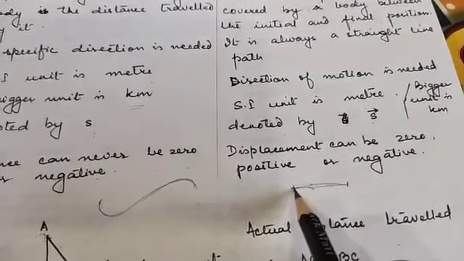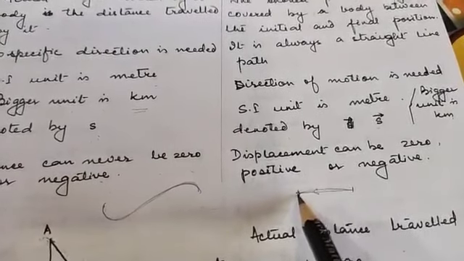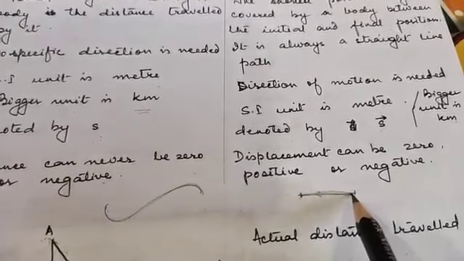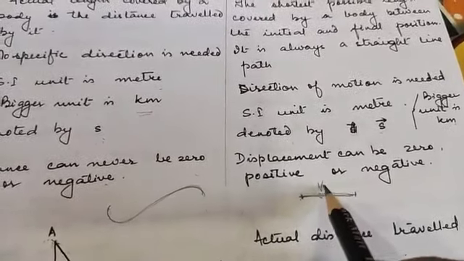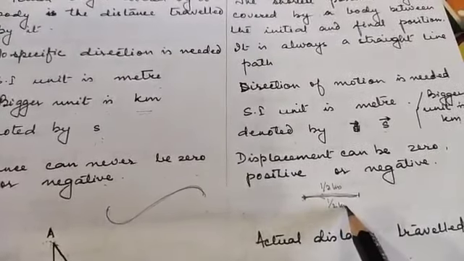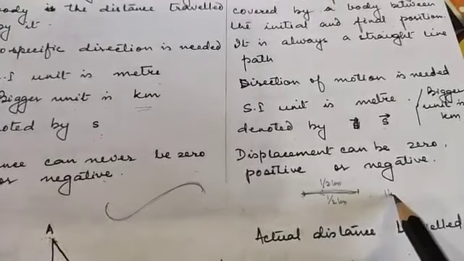So the distance between the initial and the final position is what? Nothing. It is 0. But the distance covered is what? Suppose I am walking half kilometer in this direction and half kilometer I am coming back, then the total distance is half plus half, that is equal to 1 kilometer.